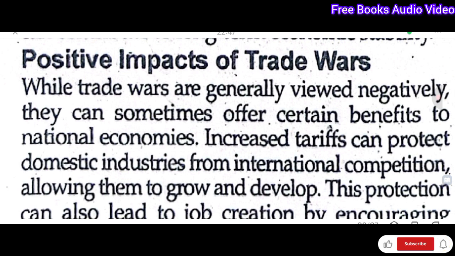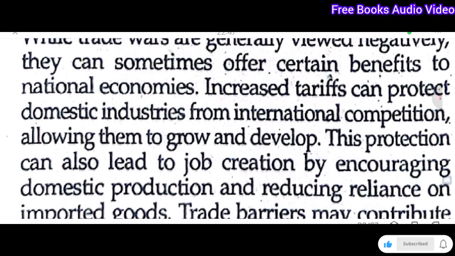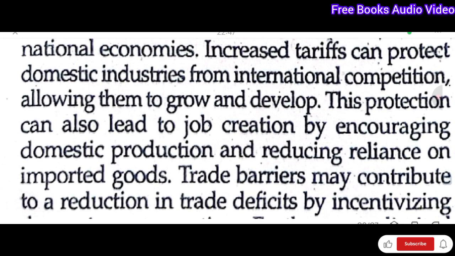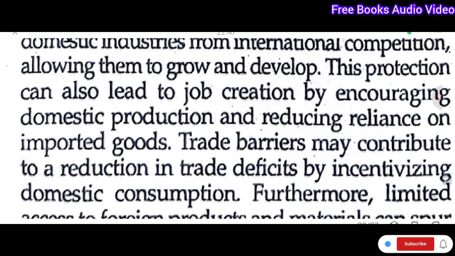Positive impacts of trade wars. While trade wars are generally viewed negatively, they can sometimes offer certain benefits to national economies. Increased tariffs can protect domestic industries from international competition, allowing them to grow and develop. These protections can also lead to job creation by encouraging domestic production and reducing reliance on imported goods.